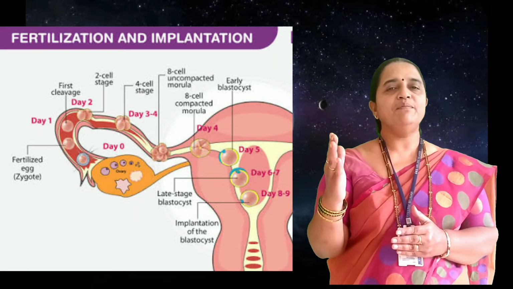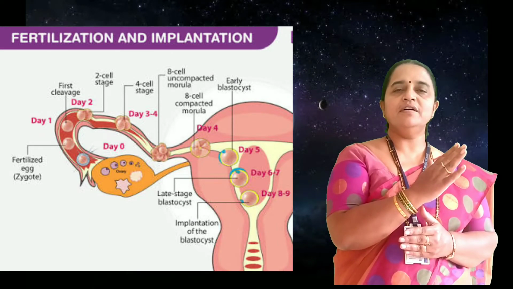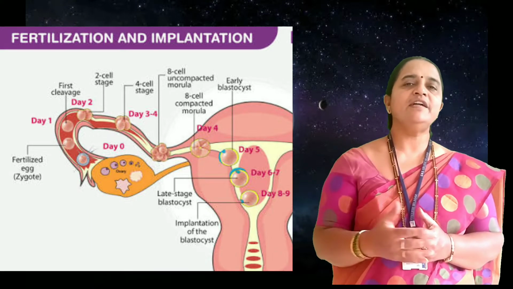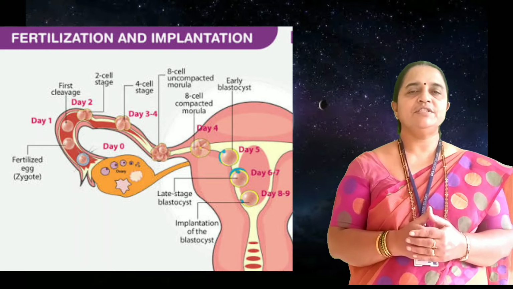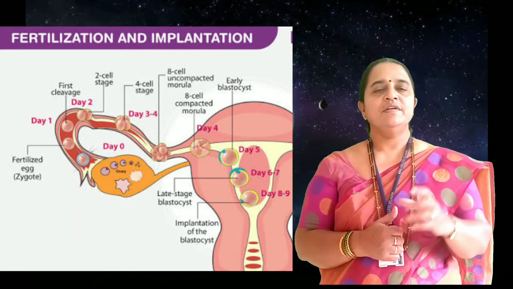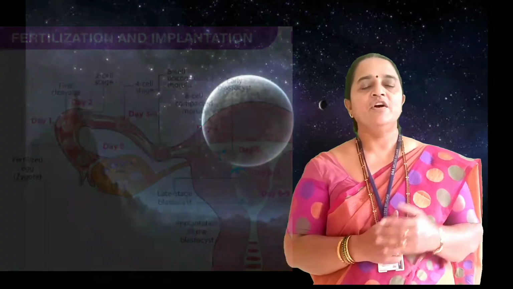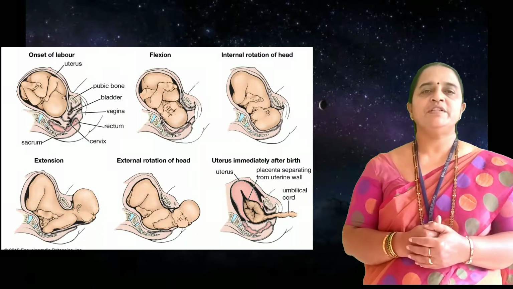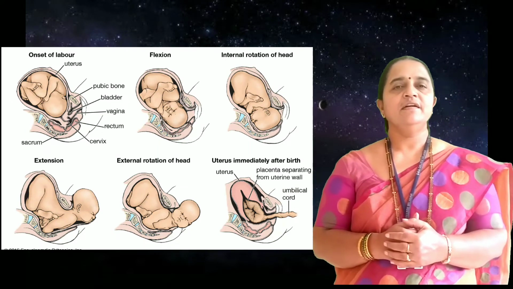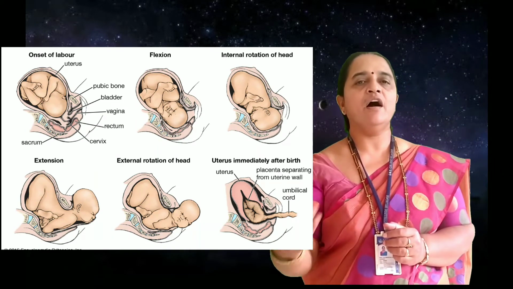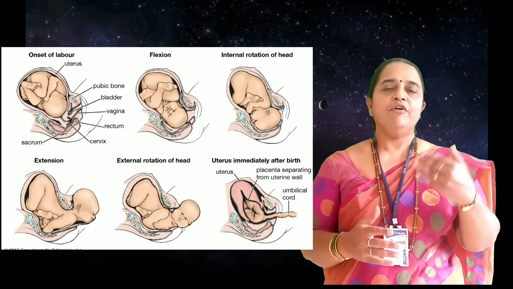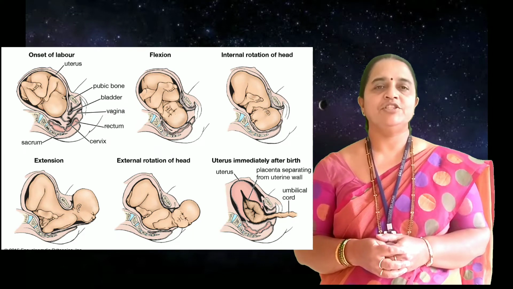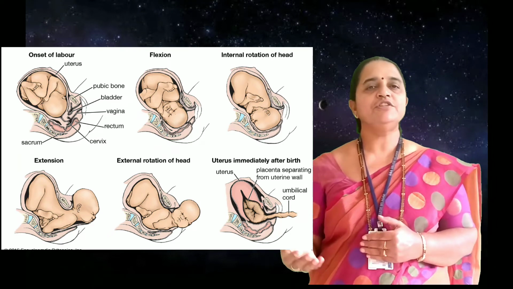It is the attachment of the blastocyst to the uterine wall of the female for further development. After implantation, embryonic development continues. This phase we call pregnancy or gestation. After onset of pregnancy, the next event is known as parturition. It is the normal delivery where the fully developed fetus is expelled from the uterus, followed by a process called lactation. It is the synthesis and secretion of milk from the mammary glands to nourish the young ones.